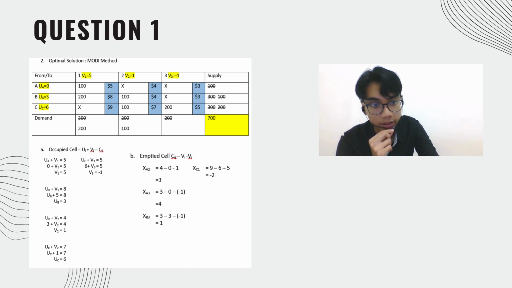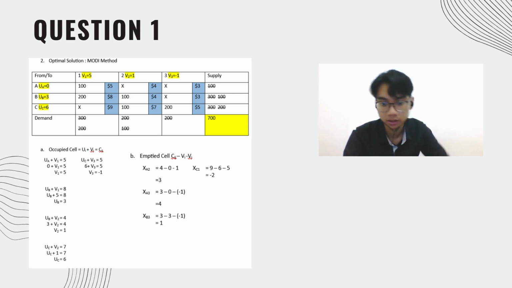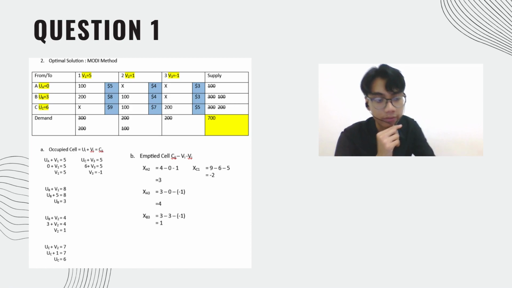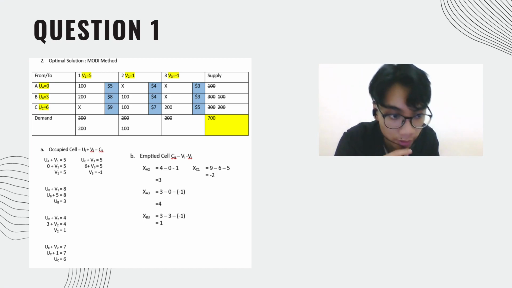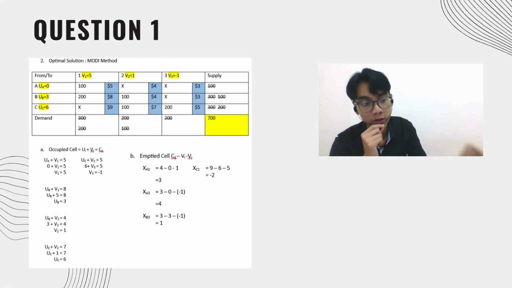And then UB plus V1 equals 8, where the 5 comes from the substitution of V1.